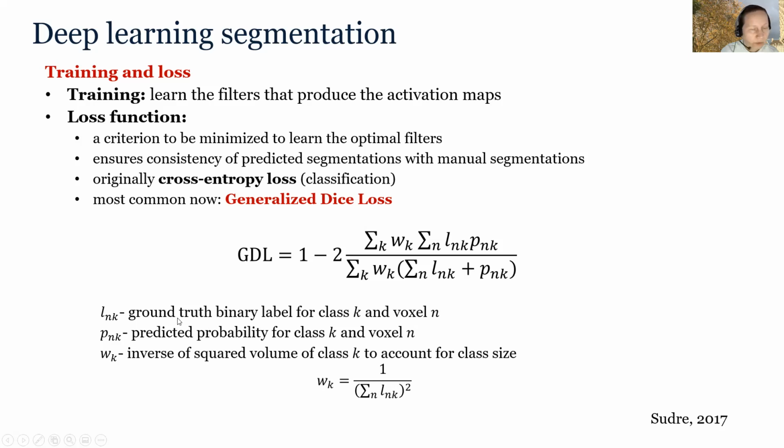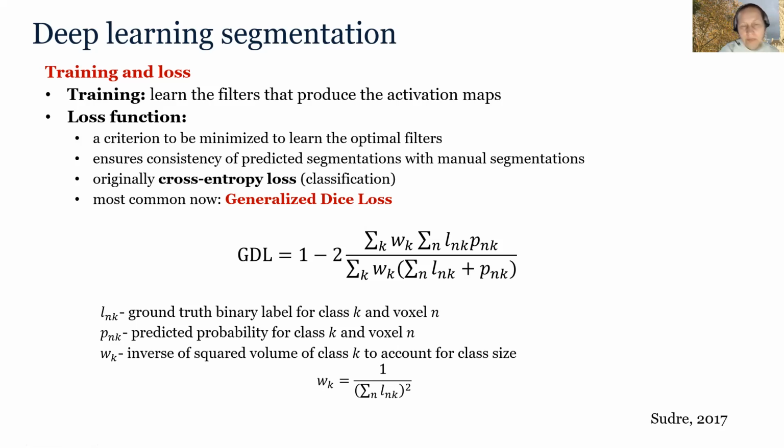So L_nk is just one label, either 0 or 1 for class k and voxel n. P_nk will be the predicted labels, but actually it will be in the form of probability maps. So we work with soft segmentations here. So P_nk is the predicted probability for class k and voxel n.